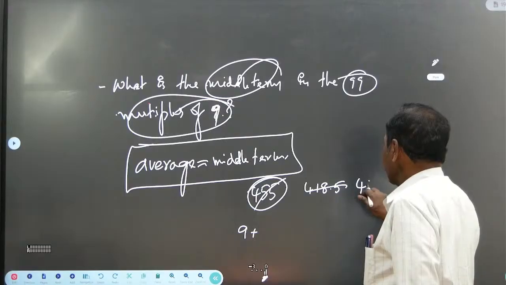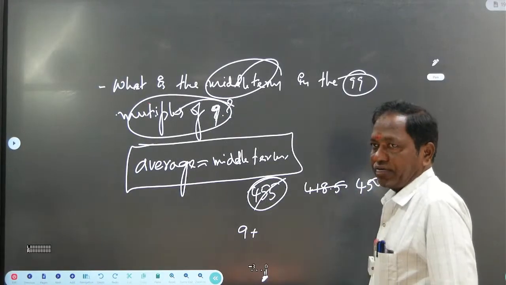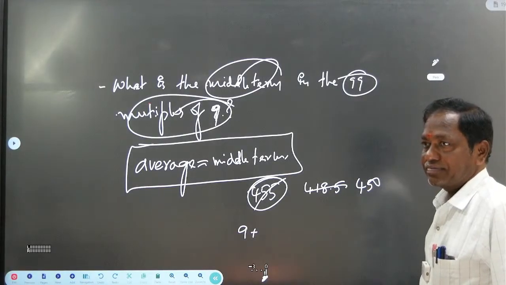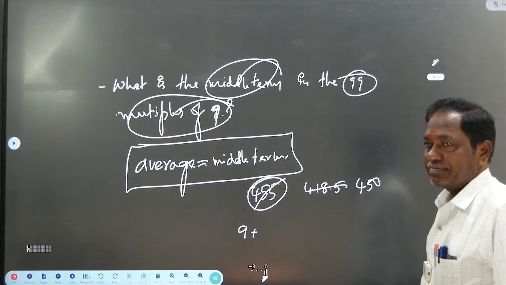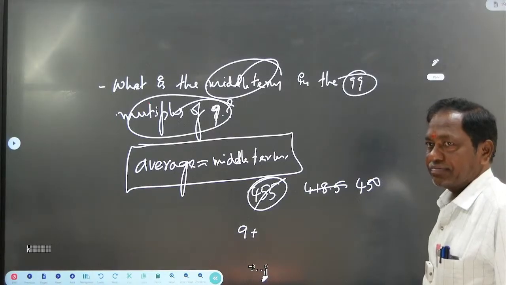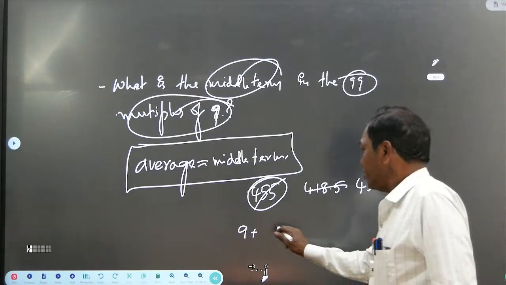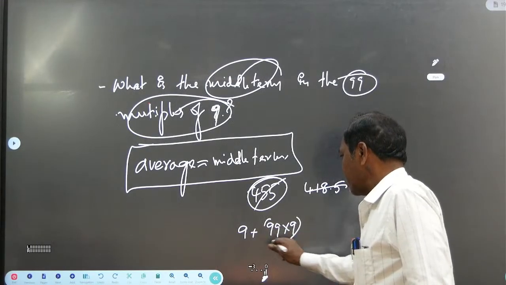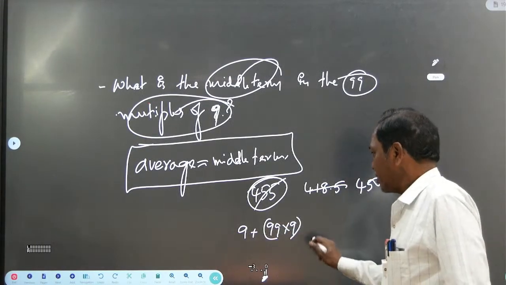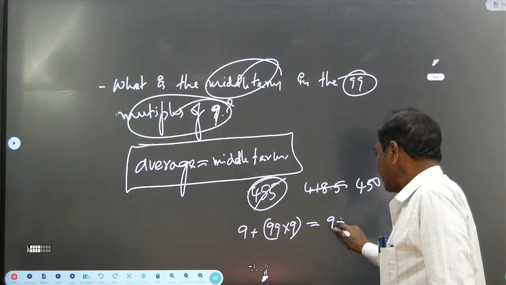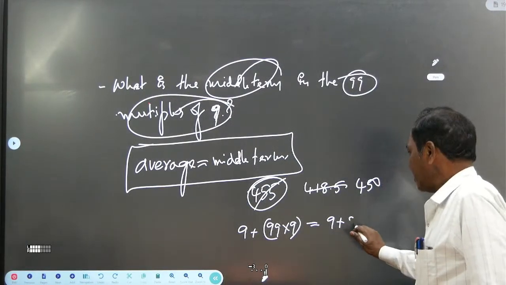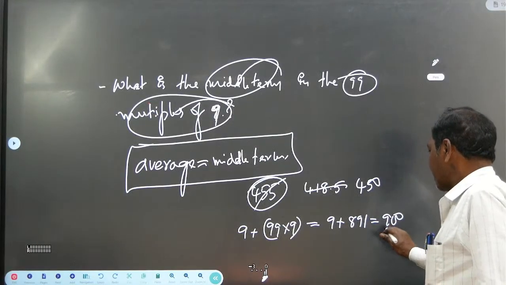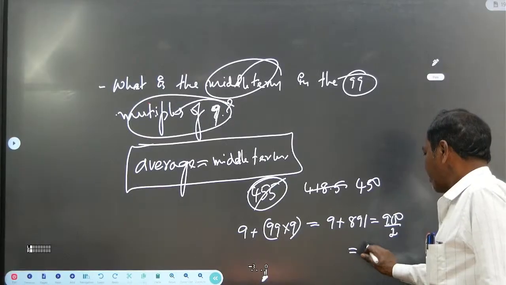See that. Last multiple 891. What is 99 into 9? 891. Correct, sir. 9 plus 891, that means 900. 900 by 2, 450.